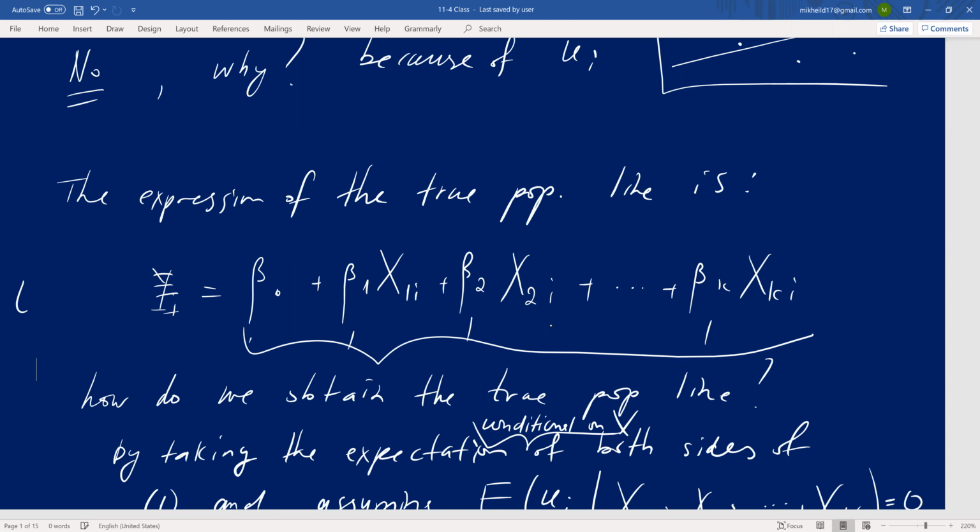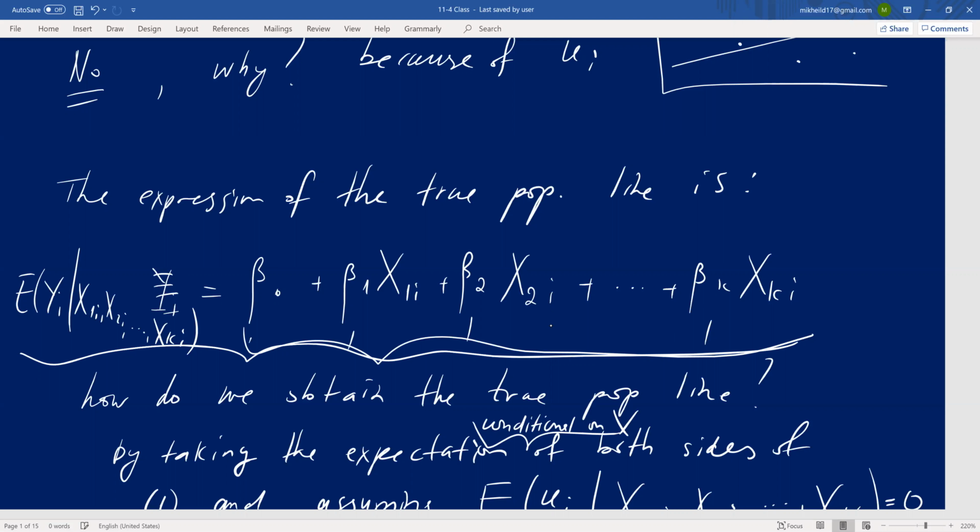It's the expectation of yi conditional on all of your x's, x1i, x2i, and so on, xki. And we call this whole thing the population regression line.